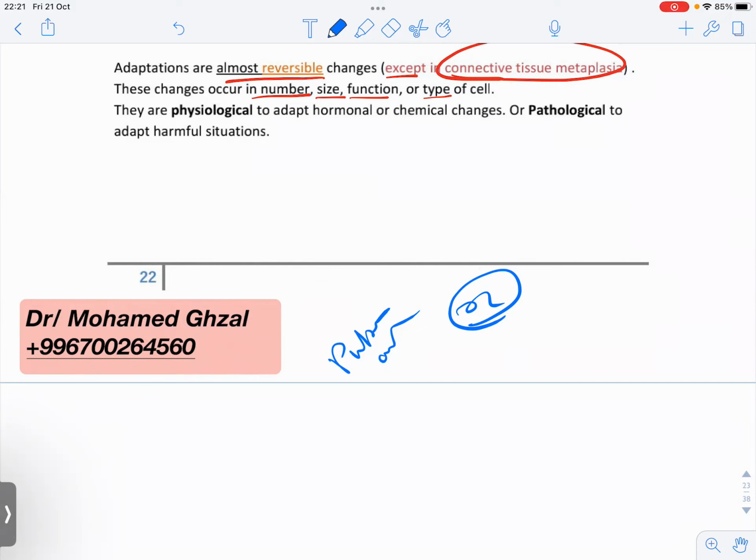How can it adapt? By increasing size, increasing number, increasing function, or changing type of cell, metaplasia.